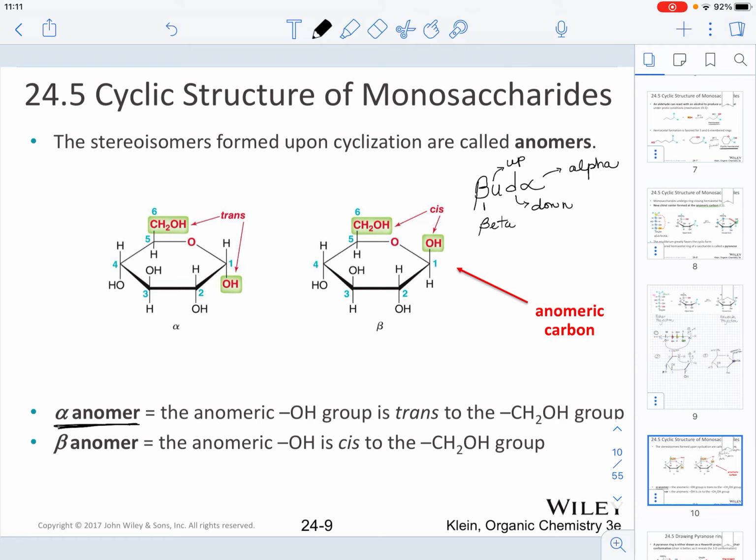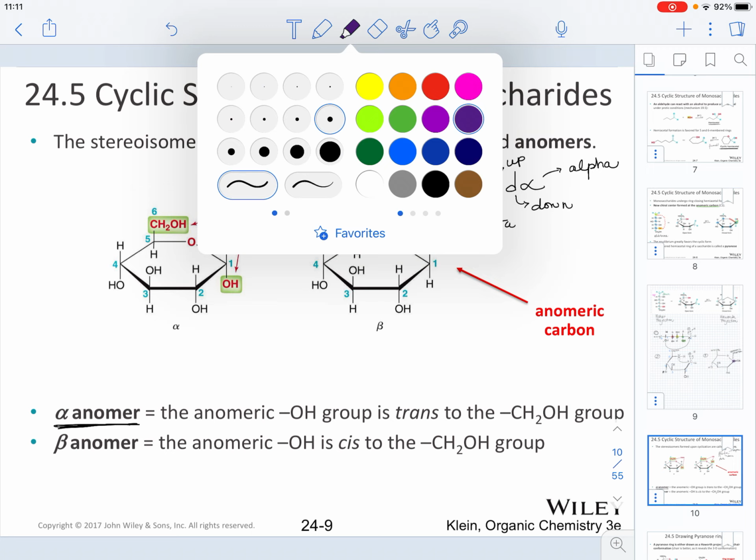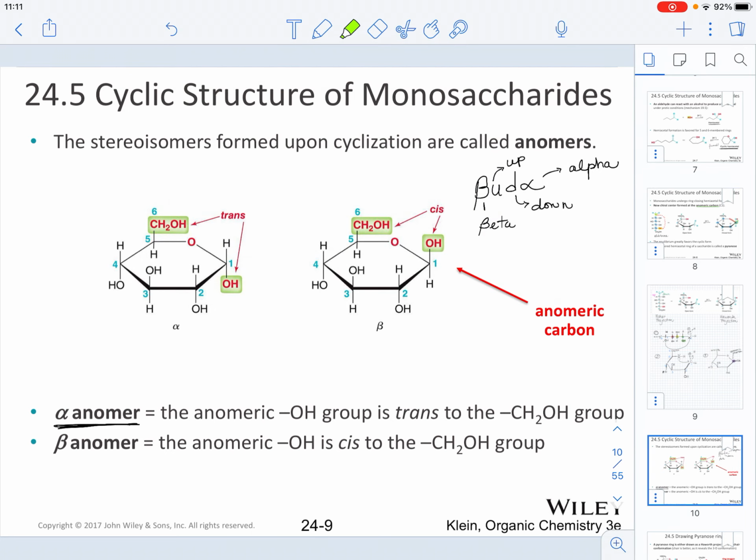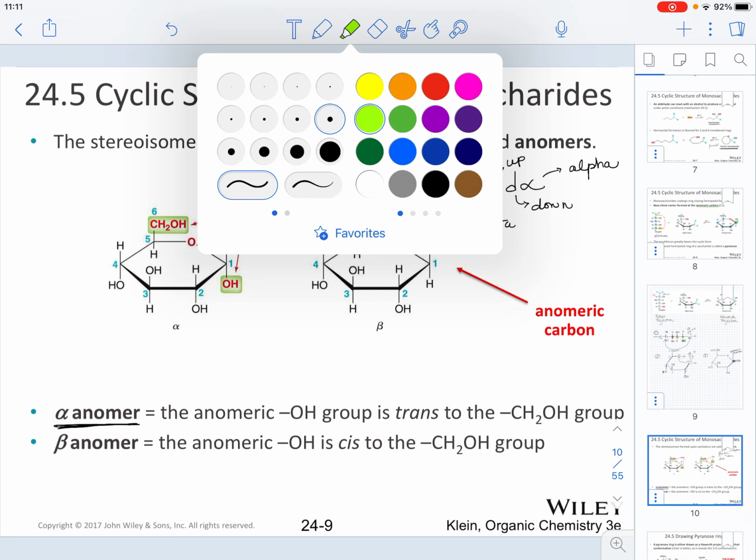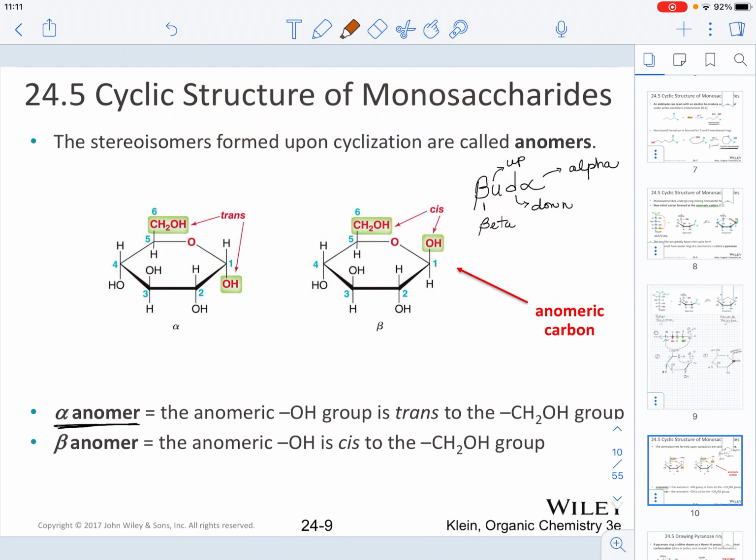What does that mean? That if I have a Haworth projection and I look specifically at the anomeric position, which I highlighted in green right now. Let me use a different color. Let me just use orange. So if I look at the anomeric position, okay, I know that my beta configuration is going to have the OH at the anomeric position up.